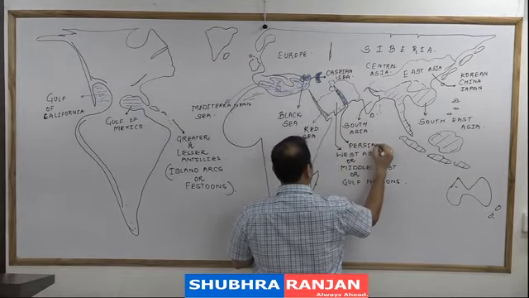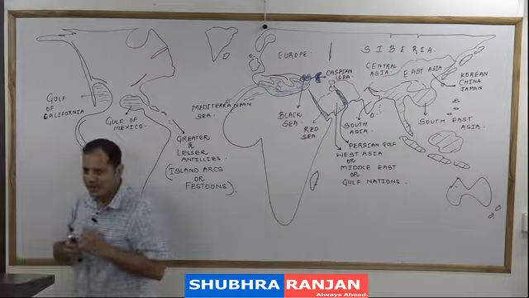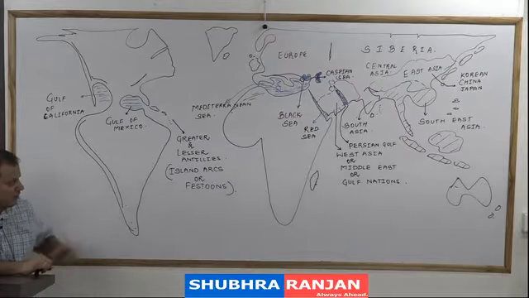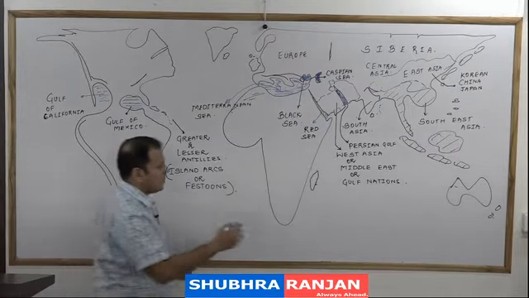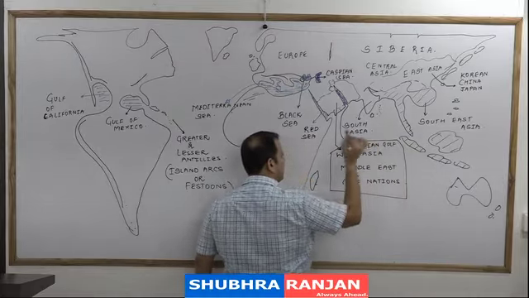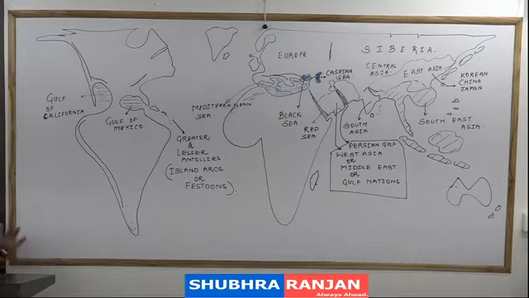You will have to keep revising this again and again. We will be coming again to these regions. This part of water is known as the Persian Gulf. That is why these nations are known as what? Gulf countries, that is, surrounding the Persian Gulf region. Fine with this?